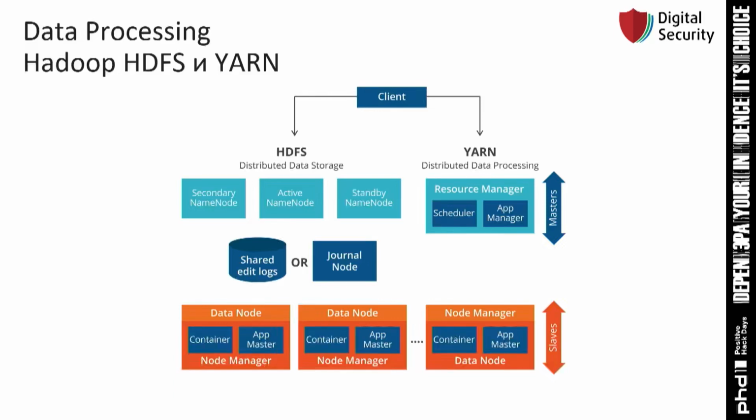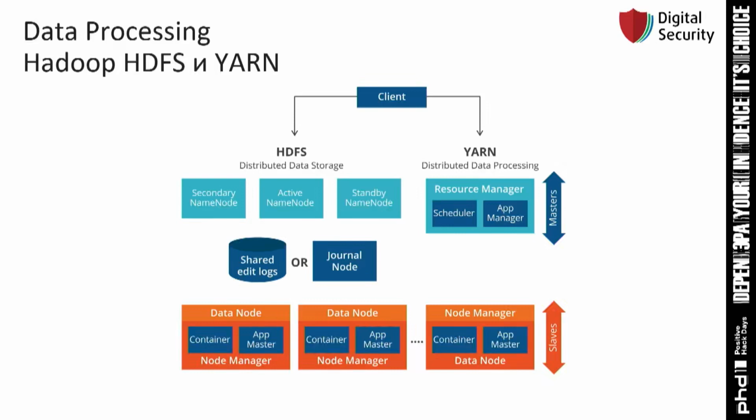Now we're going to take a look at the data processing layer: Hadoop, HDFS, and Yarn. These are the main components of Hadoop. Everything is centered around HDFS. It has master-slave architecture. We have name nodes and data nodes. These are the ones that are responsible for information storage. As far as this architecture, we don't need to know it in detail.